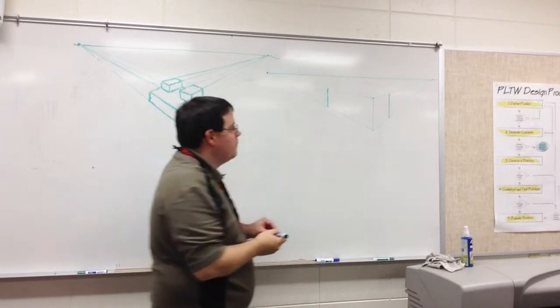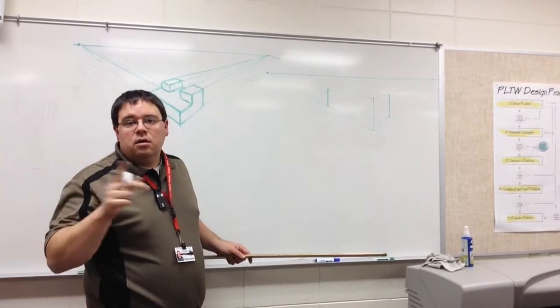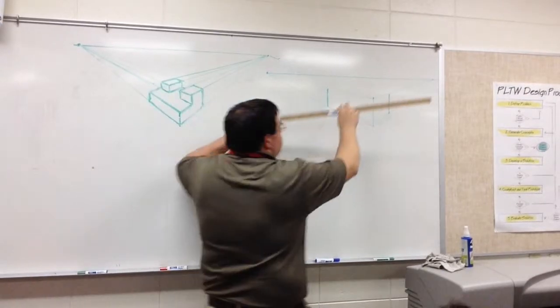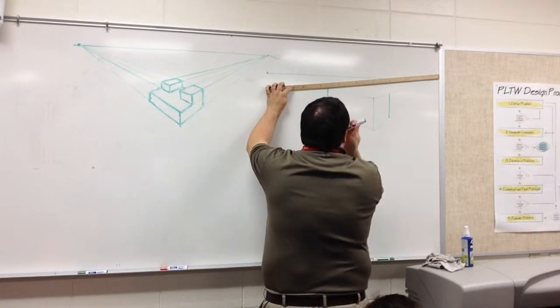Show that. And then again, you're going to use the opposite side vanishing points to draw construction lines to frame in your box.